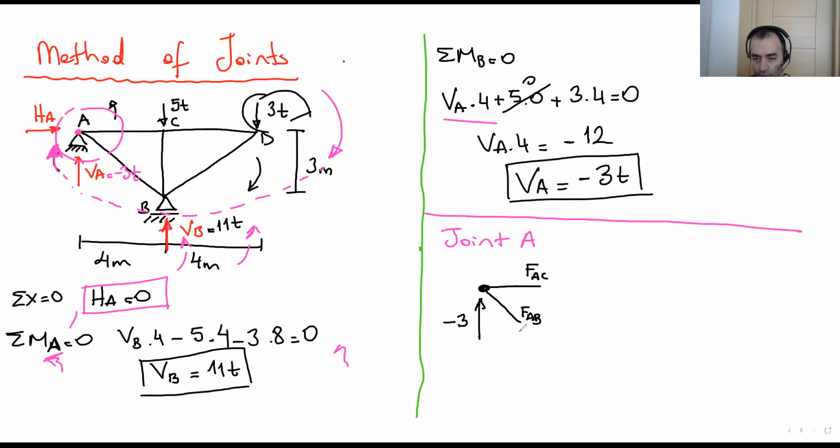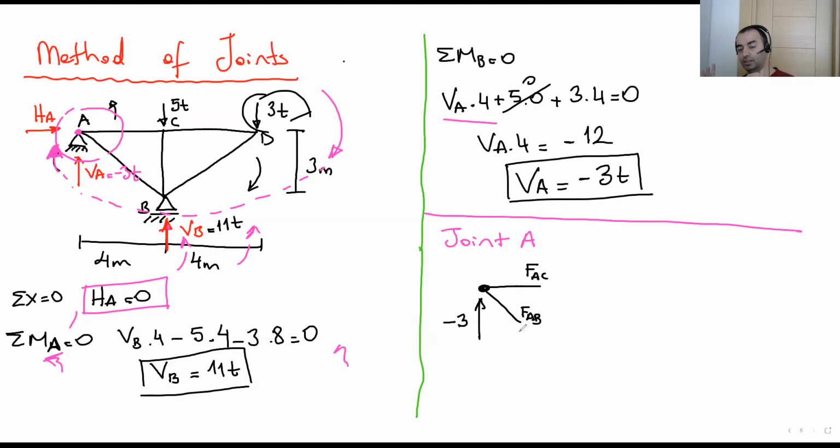I'm gonna write the equilibrium equations, but what should I do first? I have to assume the directions of the unknowns. For example, I don't know FAC and I don't know FAB. Okay, I don't know if it is a compression or tension.